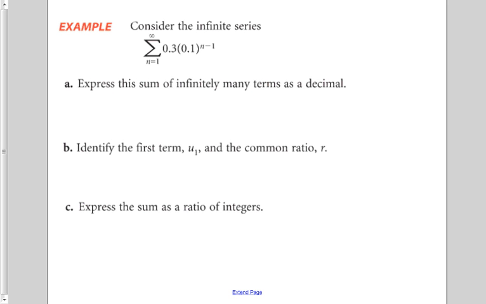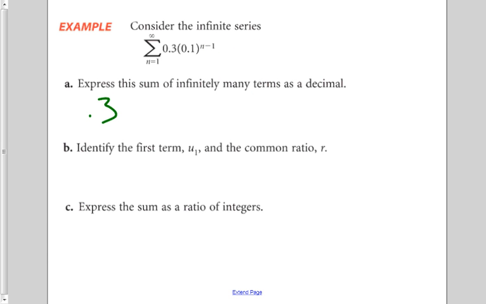Plug in 1 wherever I have n, that's just in that exponent there. So 0.3 times 0.1 raised to the 1 minus 1 power. Well, that's the same as 0.3 times 1, which is just 0.3. So my first term in the series would be 0.3.